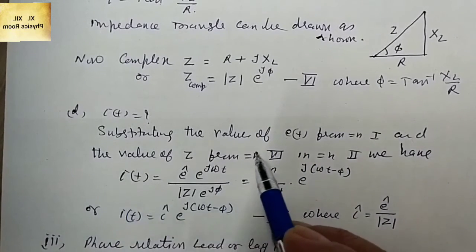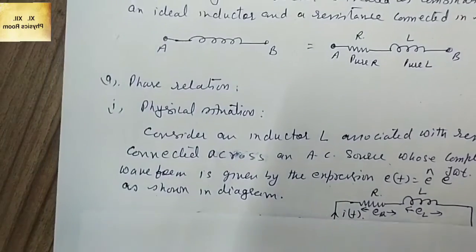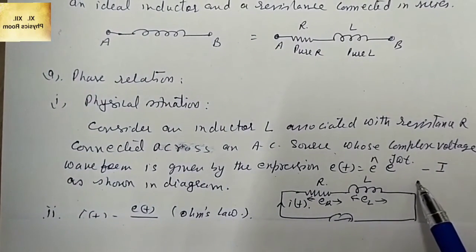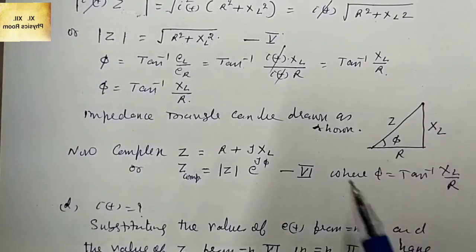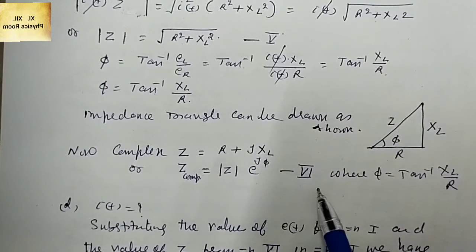This is equation 1, and this is equation 6, Z e raised to power j phi.